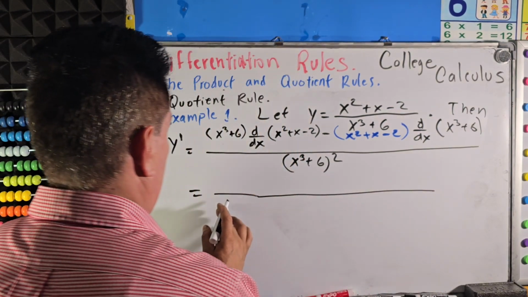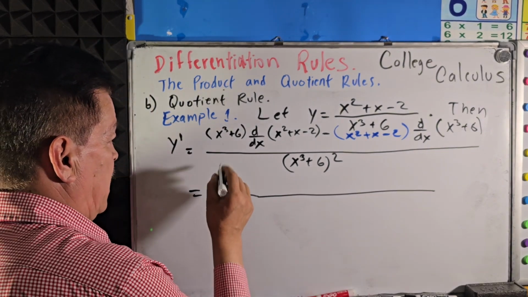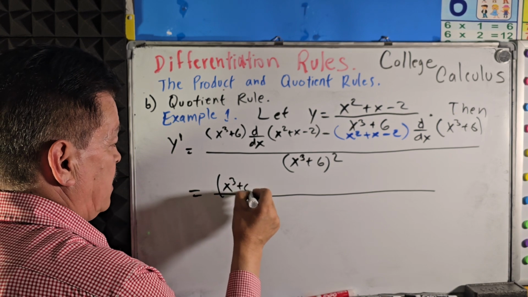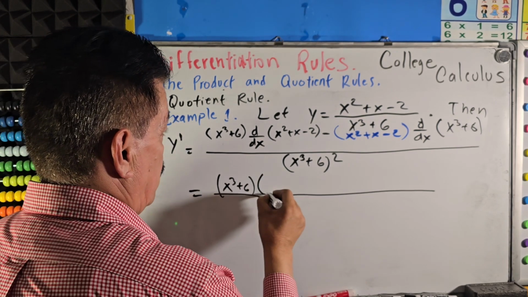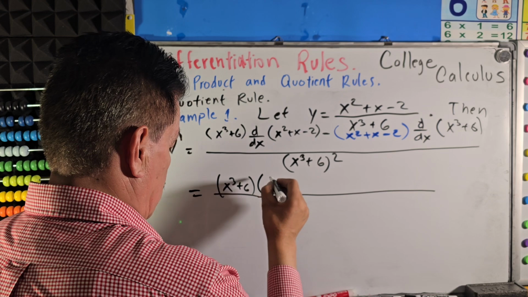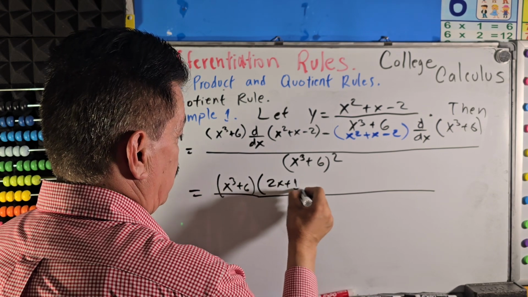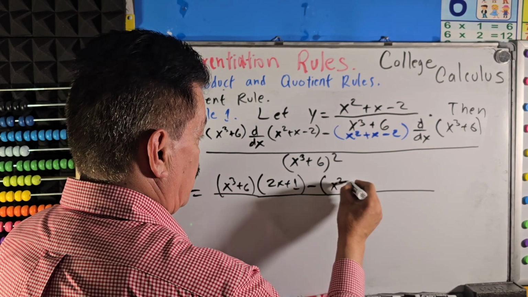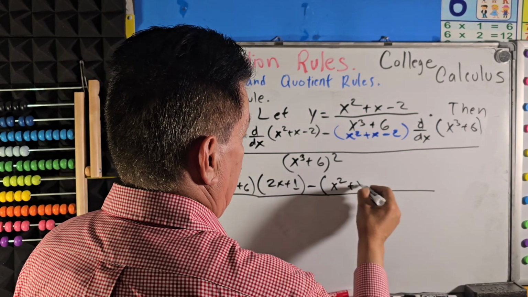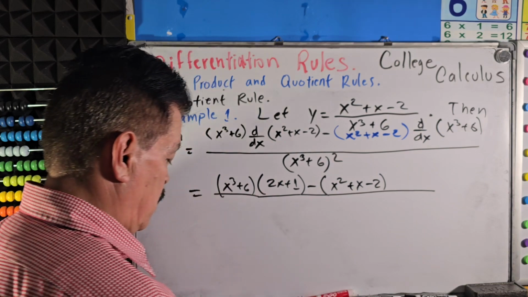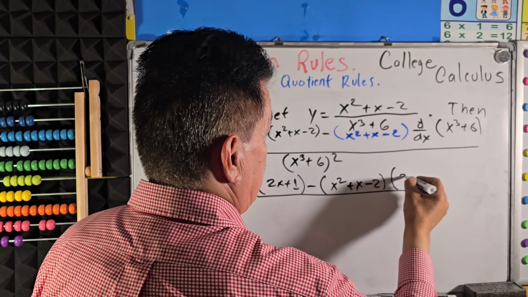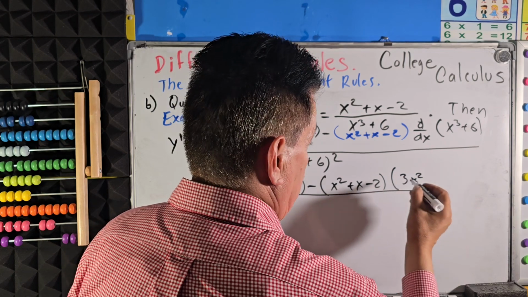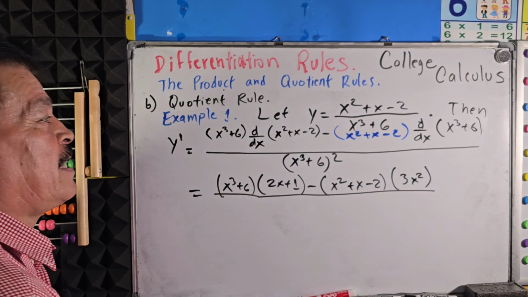It's very long. Again, on top we will have this one, x to the third power plus 6 times 2x plus 1, right? Minus x to the second power plus x minus 2 times 3x squared, because it's a derivative.